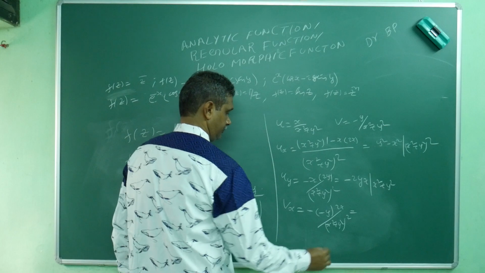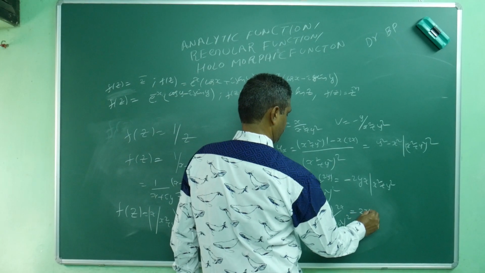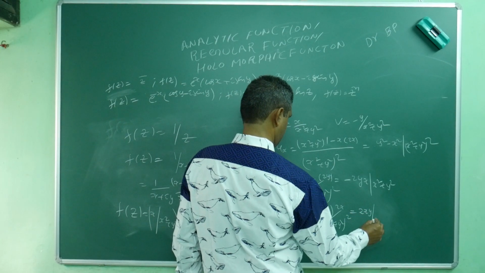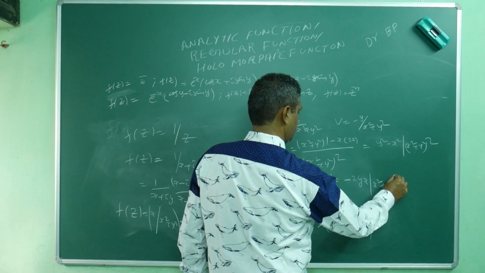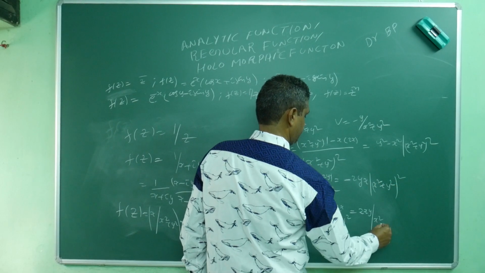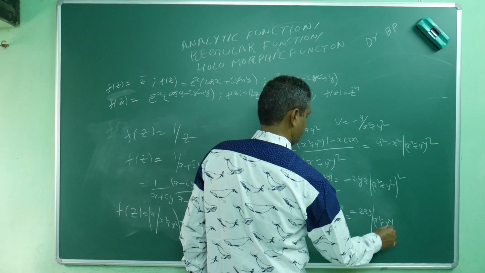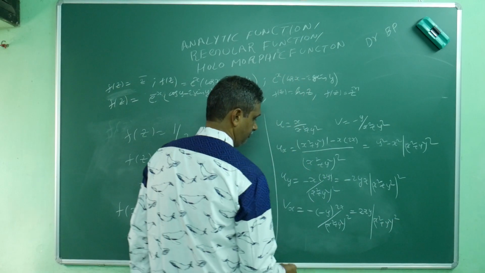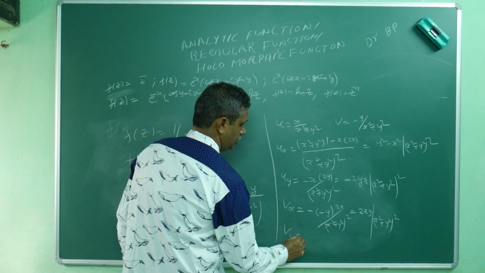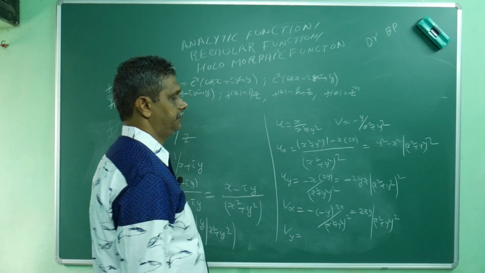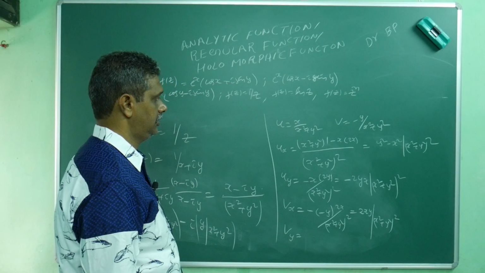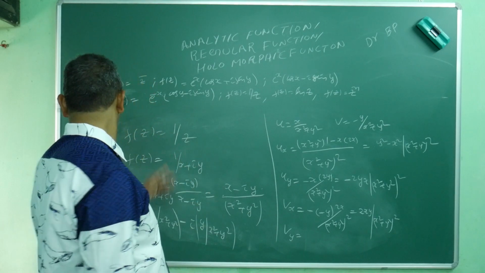This is equal to 2xy by (x square plus y square) whole square. Then vy, you can do by the u by v method. Correct or not? Any clear? Okay. Then I will do this side.